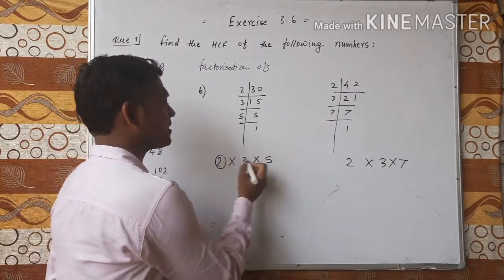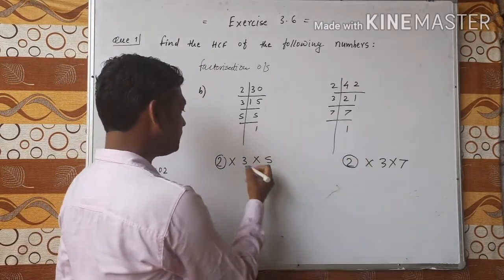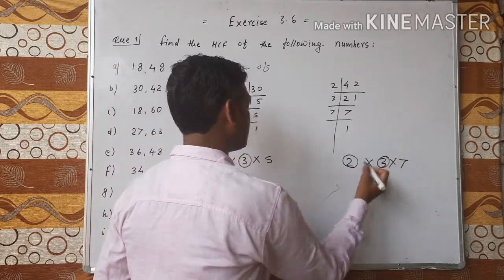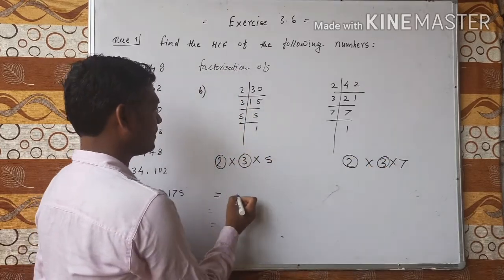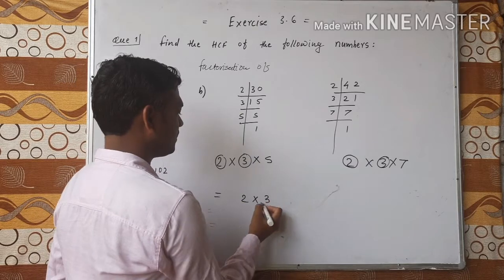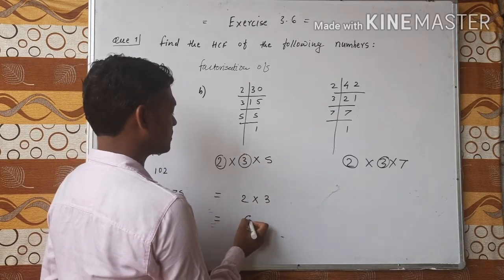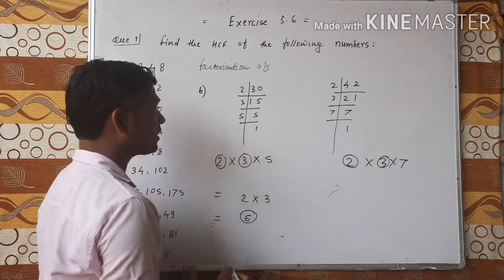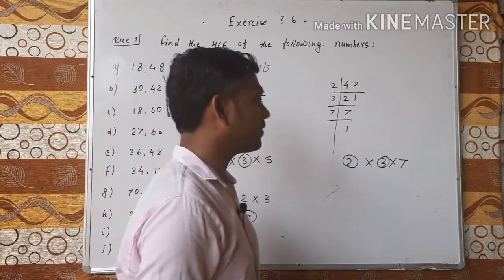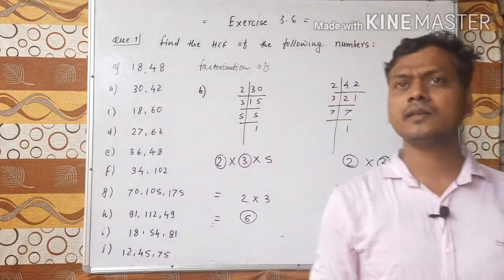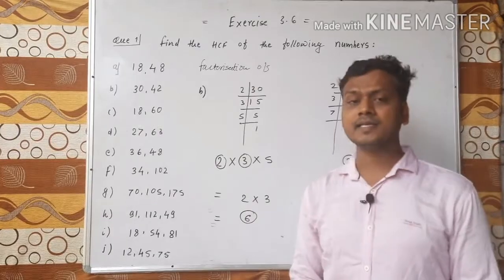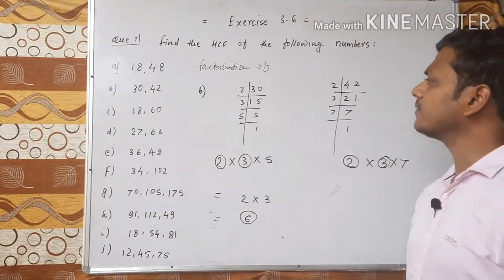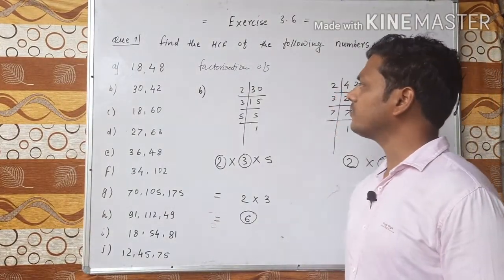So 2 is present, 3 is also present. So what is the common factor? 2 into 3 is equal to 6. 6 is the common factor for 30 and 42. So we can say that 6 is again the highest common factor of the given numbers 30 and 42.